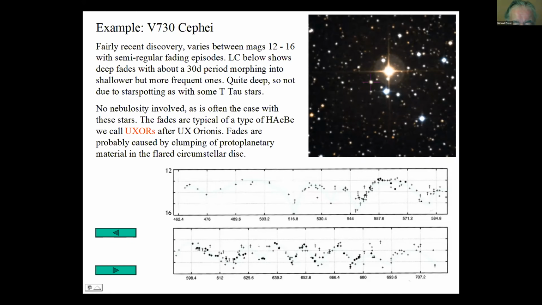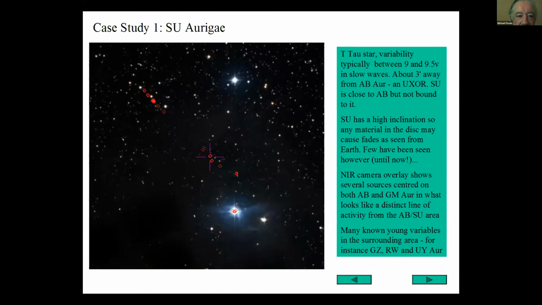Now, why I think we have the 14-day period is there could well be another forming planet in the system, much closer in, which has only taken 14 days to go round. And again, every time it comes round, it comes between us and the star, but it might not be quite so big, so it's not cutting off quite enough light. So that's why we get this rather more slight variation here. So this is all good stuff for the observer.